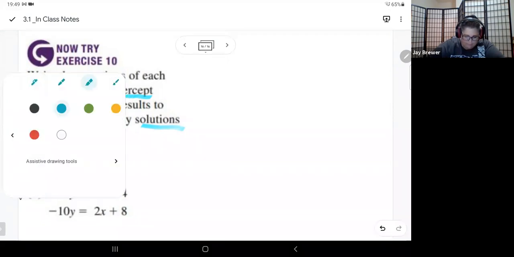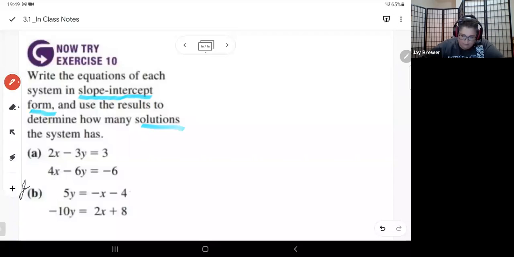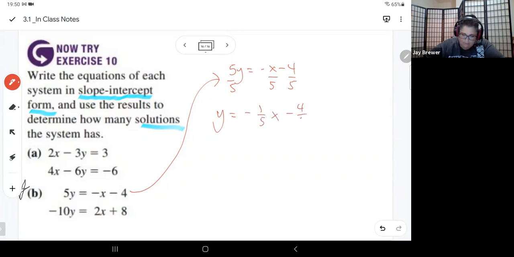All right. So let's do that. Let's rewrite this guy first. So 5y equals negative x minus 4. So just got to divide everything by 5. So we're looking at y equals negative 1/5 x minus 4/5.